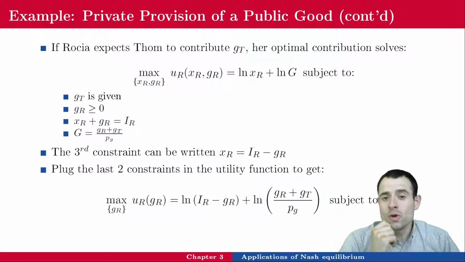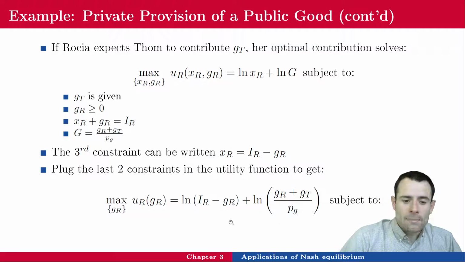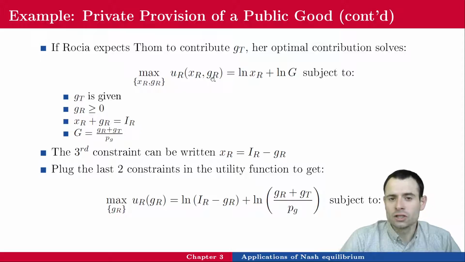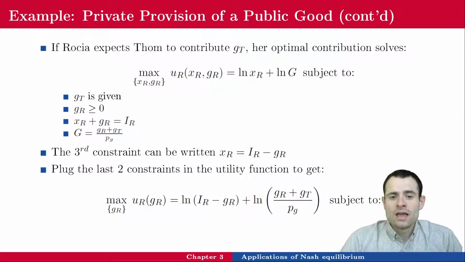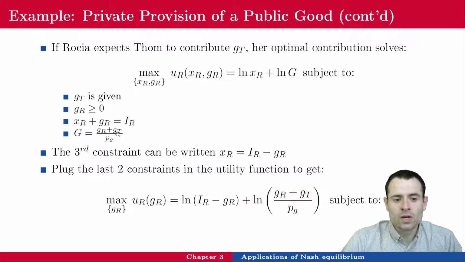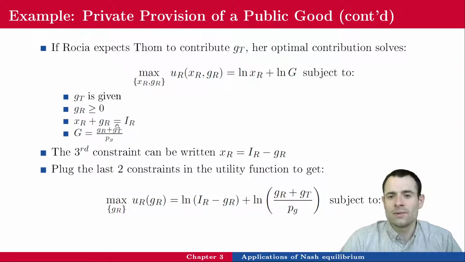Now, I got rid of 2 constraints. By plugging those 2 constraints into my utility function, I am taking them into account. So once I take my first order conditions, it will automatically satisfy the constraints. So I don't need to have them on the side or think about them anymore.